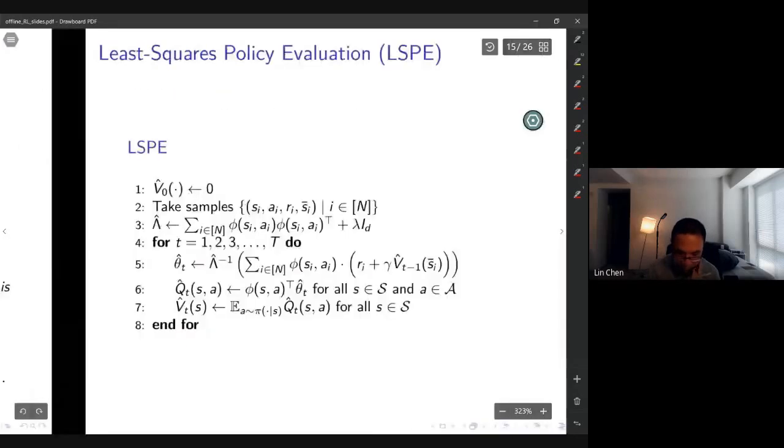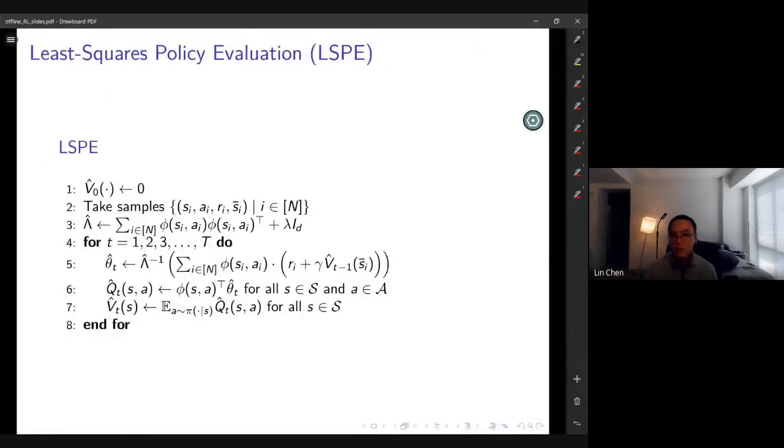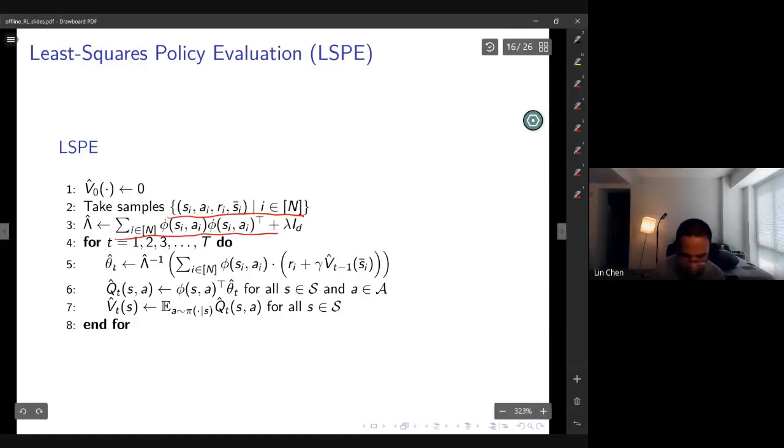And then least square policy evaluation is just a very classical algorithm, so let's have a quick review of it. We take samples from the data distribution and we form the data covariance matrix plus lambda times the identity term.